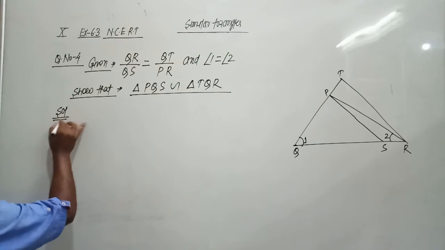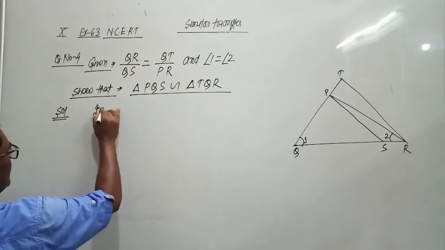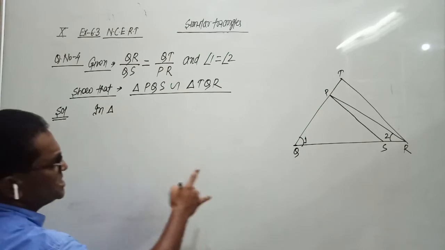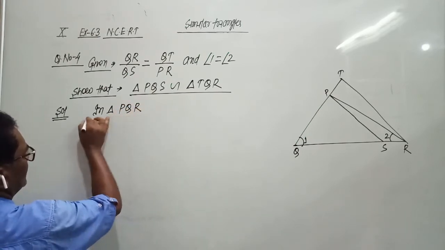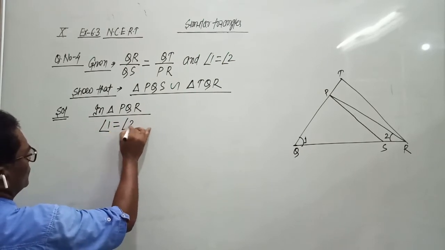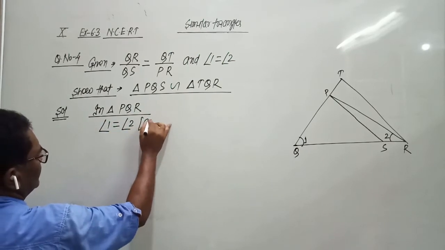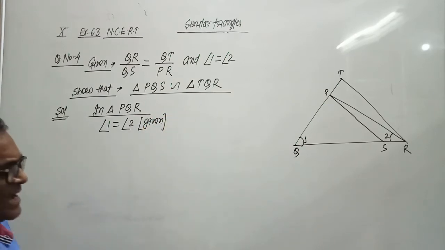So let us see the solution. In triangle PQR, angle 1 equals angle 2, which is given.